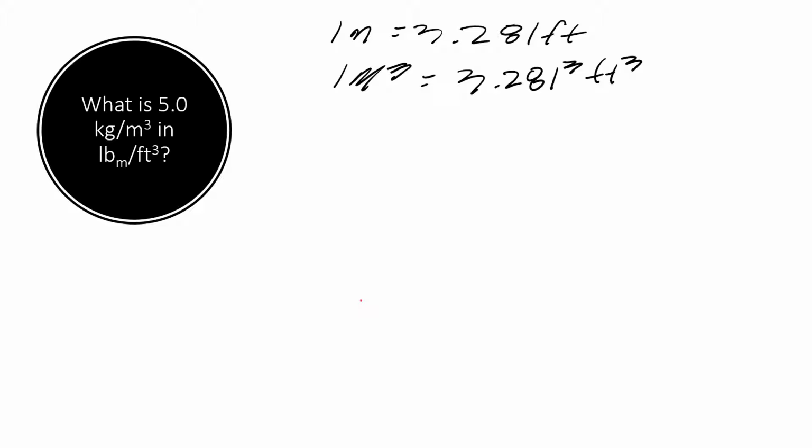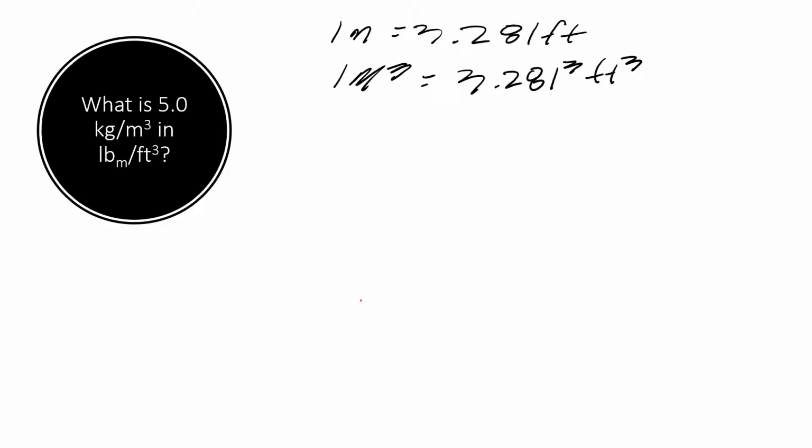So you can see where we're going. I cube both sides. We're going to have 1 meter cubed equals 3.281 cubed feet cubed. And I'm going to use my calculator here, which also happens to be my phone. And I'm going to multiply 3.281. This is not a very good calculator. I don't think it has exponents.